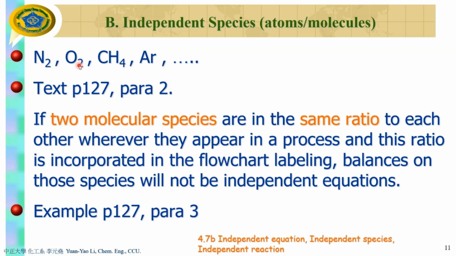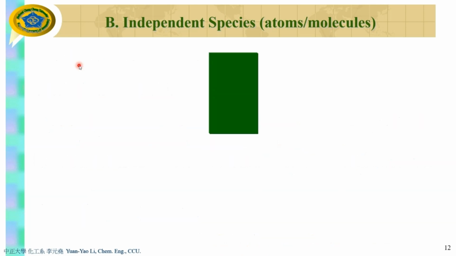Unless it involves a chemical reaction, that's another story, because the ratio will change between the input stream and output stream as you consume or produce oxygen. Here I give you an example.